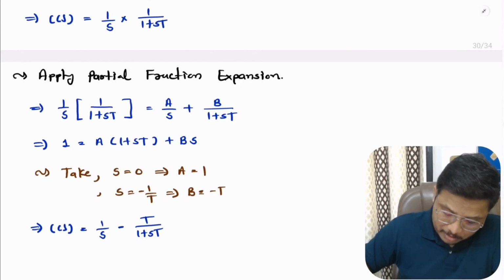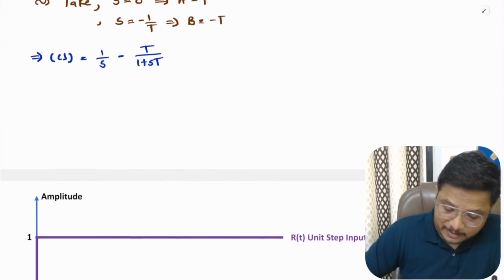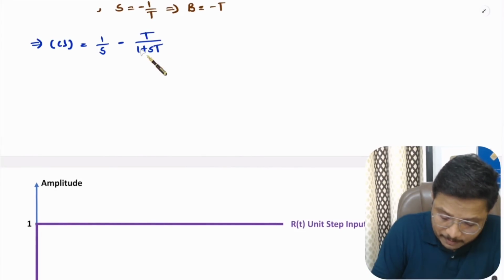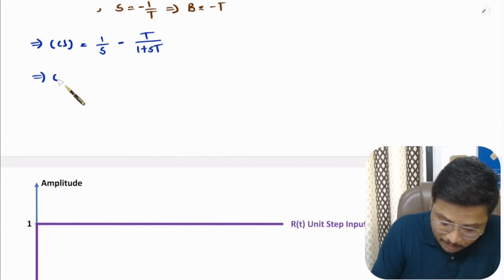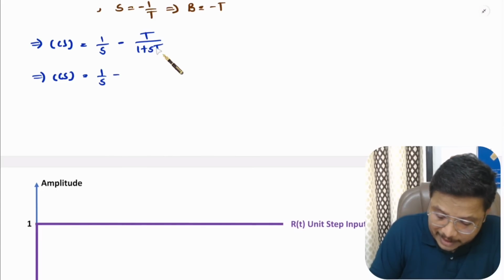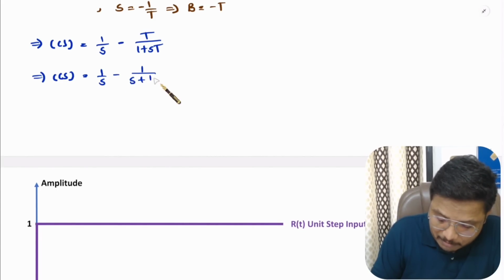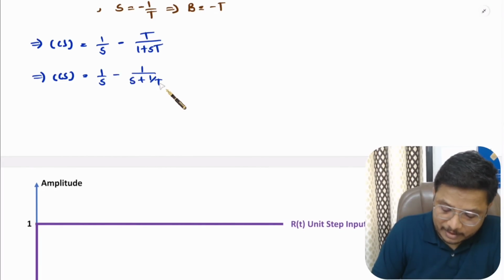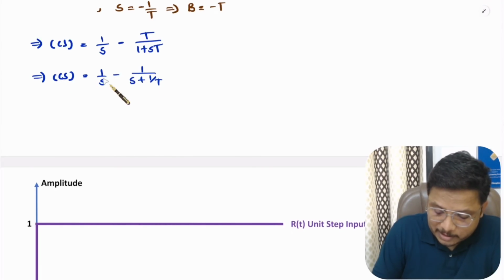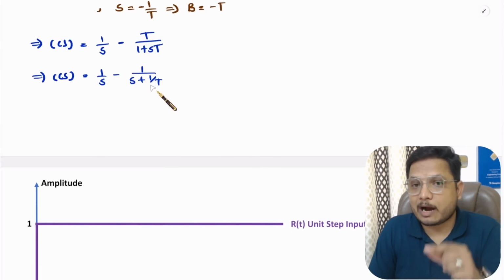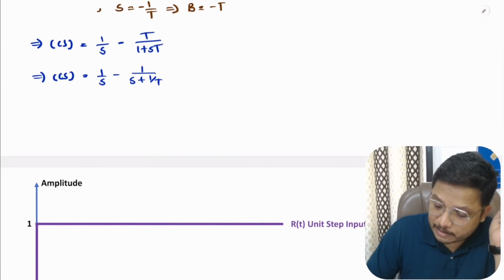Now we have this C(s) and we need to simplify this further. So C(s) is 1 by s, and if you take T common from the numerator and denominator, then we will have 1 divided by (s plus 1 by T). Now we can apply the inverse Laplace to this to get the output in the time domain.